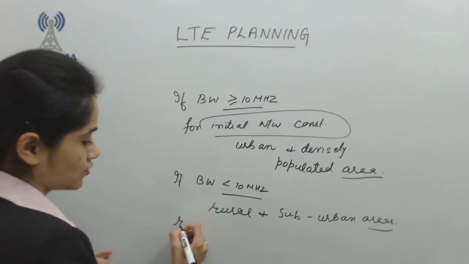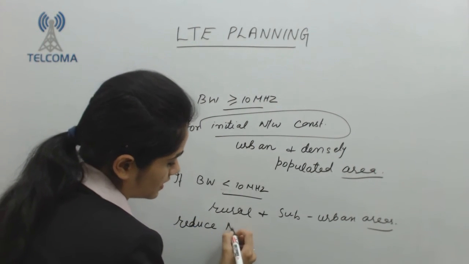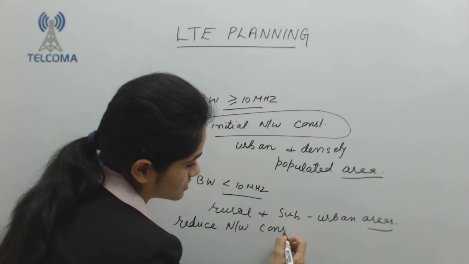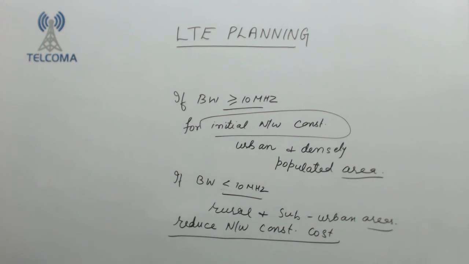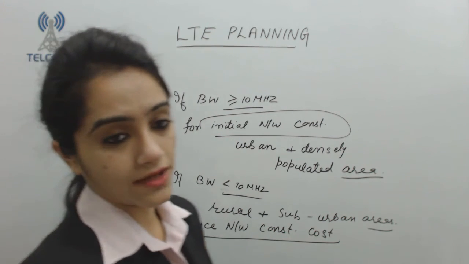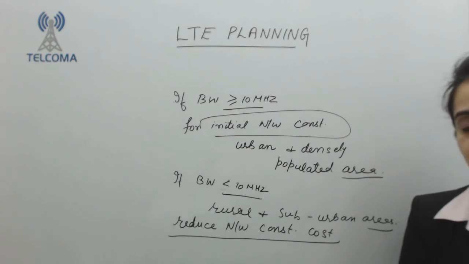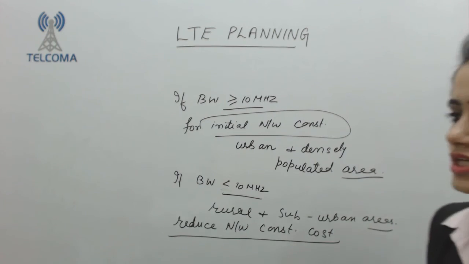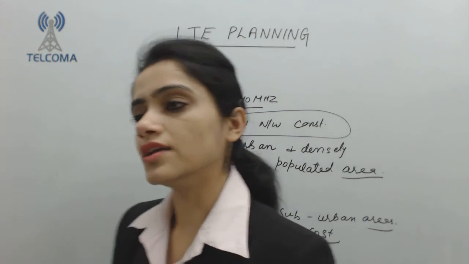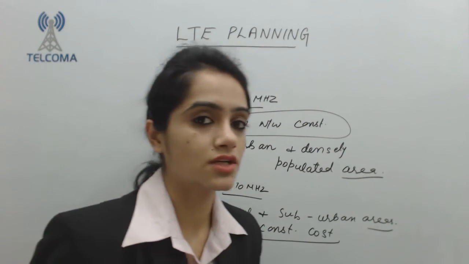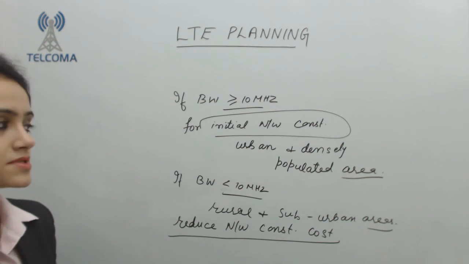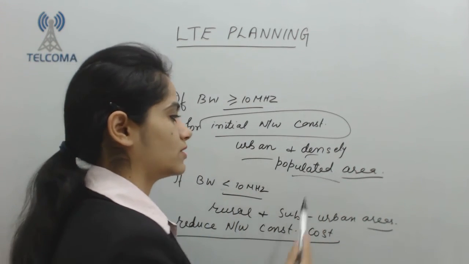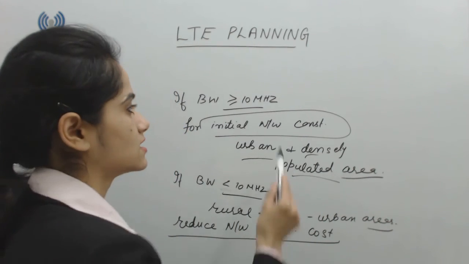So in short, I can use intra-frequency networking whenever I have a main focus on initial network cost.